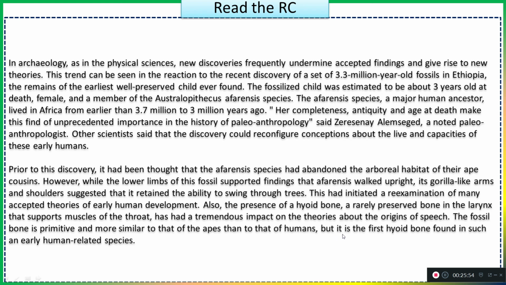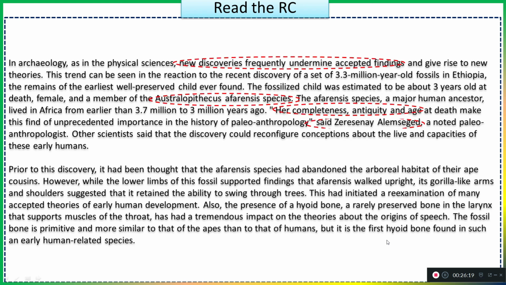And they also say that it is the first hyoid bone found in such an early human related species. That means all the species that they have found so far, as far as apes are concerned, they probably did not find any hyoid bone in that. But in this one, they have found it. Understood? So let us go to the questions.